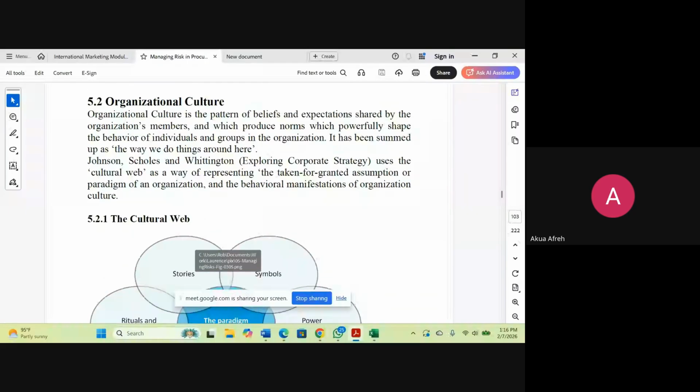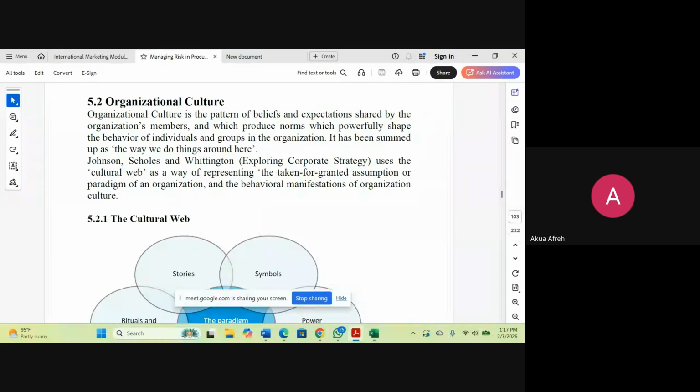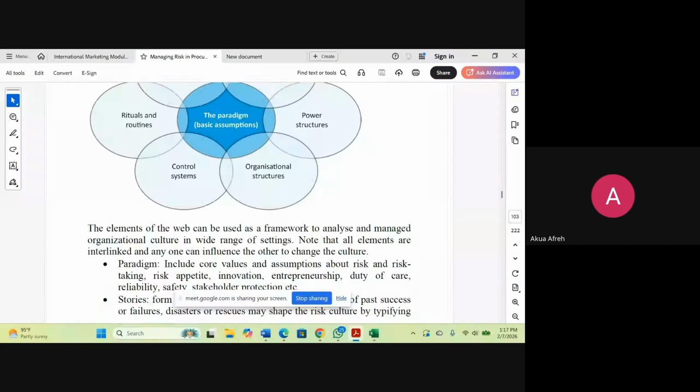Yeah, so the organizational culture, in your book, we have the cultural web: things that people do, like in this class, talking about risk management, things that they do to help respond to any risks that are being identified or how they behave towards these risks.